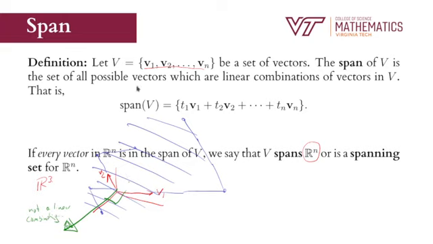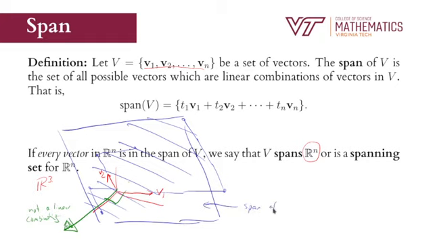The span only contains the vectors that are linear combinations. In this crude example here, the span is this plane. This plane is the span of v1 and v2. I can build every vector in that plane using combinations of v1 and v2, but I can't move outside that plane just using these two vectors. So that's the idea of a span. It's the vectors that we can build from the set that we're starting with.